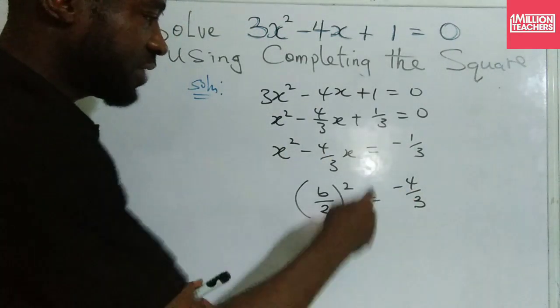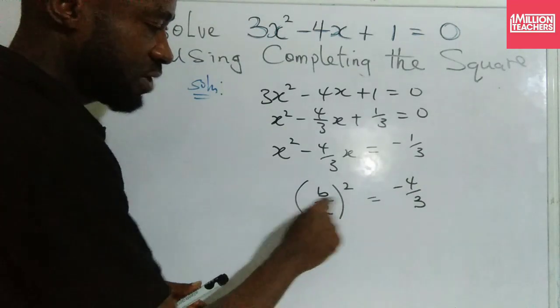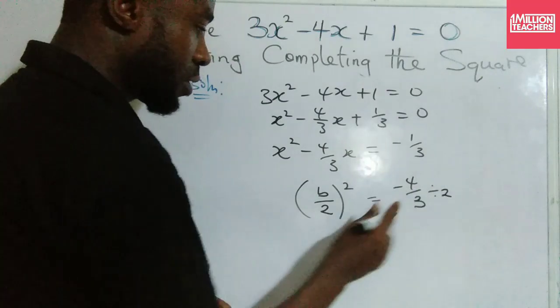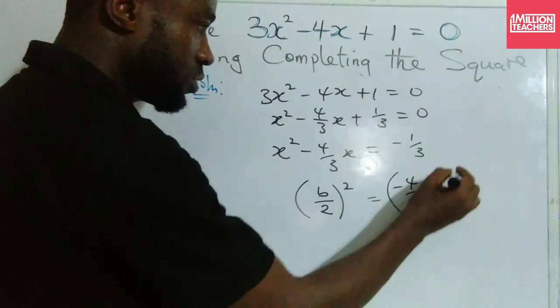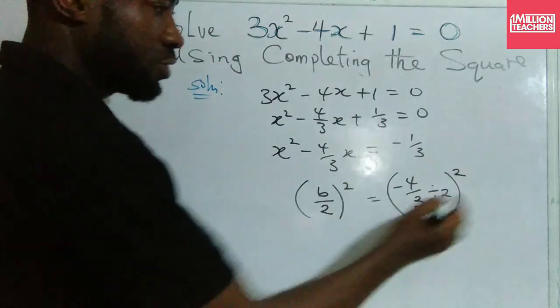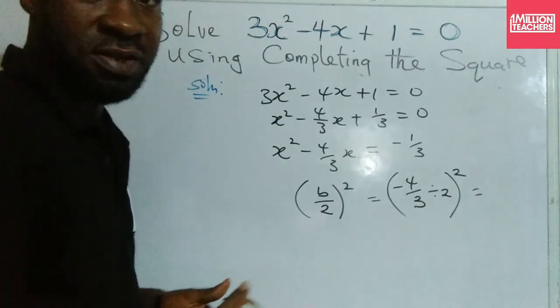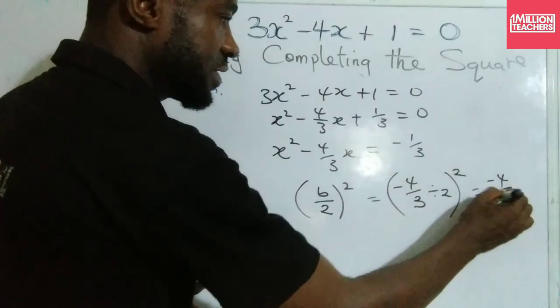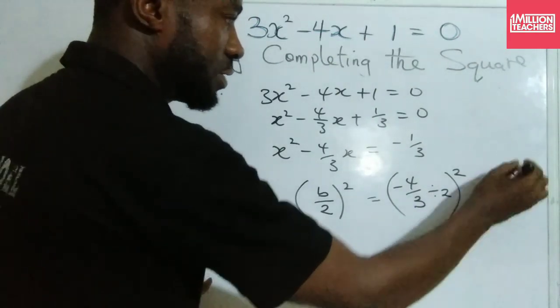Now this minus 4 over 3 divided by 2, because I say b over 2. So if I divide it by 2, I'm going to what? Square it. So let's look at what's going to give us. If I work on this, it will give me minus 4 over 6 all squared.